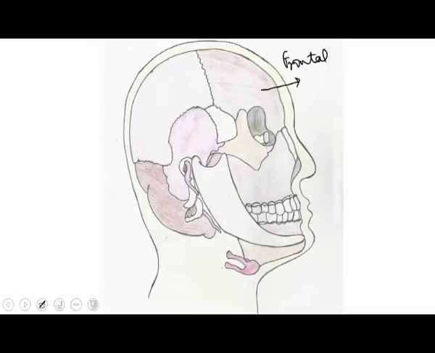In the back side of this frontal, you have another bone which is called parietal. This parietal continues in the back side with the help of another bone which is called the occipital bone.